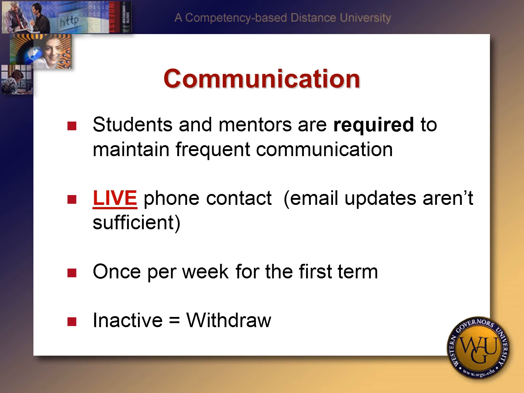After the first term, the student who meets OTP and the mentor meet at least once every 2 weeks by phone for a conversation about their progress, setting your goals. And that's your job. We support you in your goals, but we want you to set your goals, and we'll discuss them and help you to reach them on our weekly calls, or bi-weekly if you're reaching OTP and you're past your first 6 months.